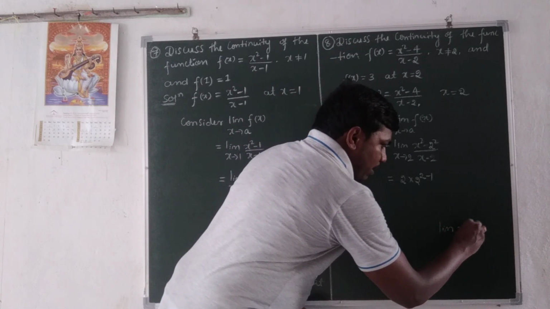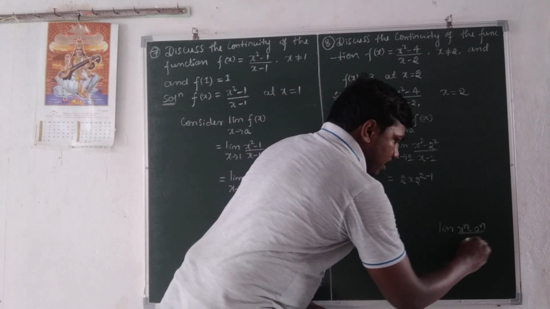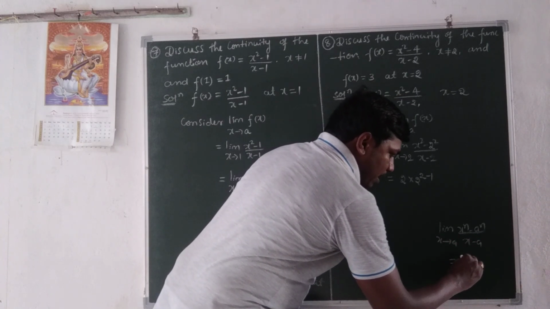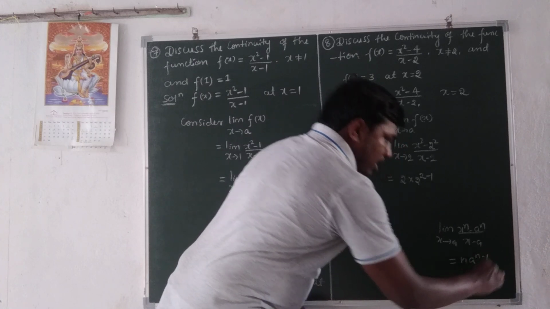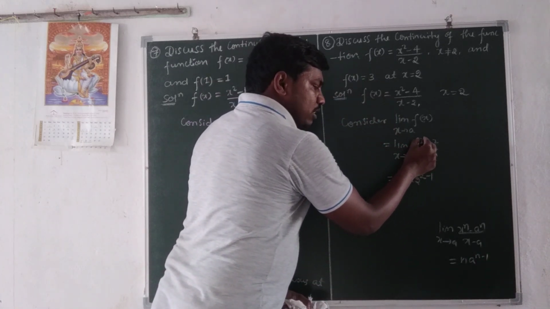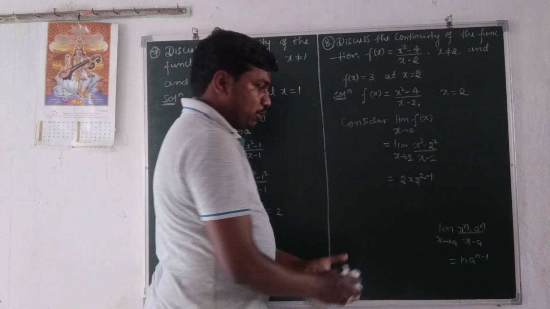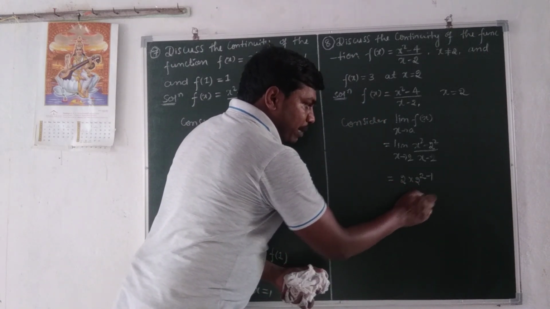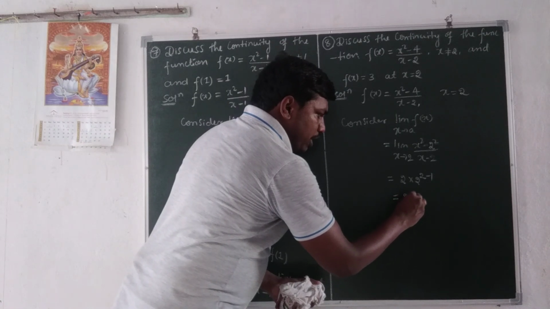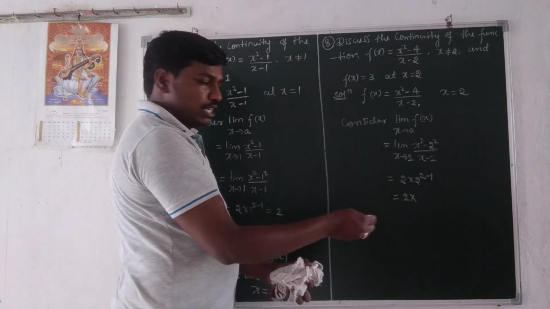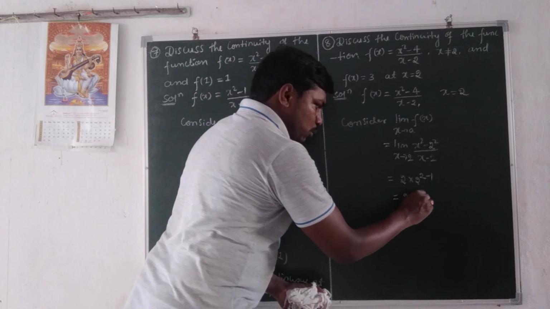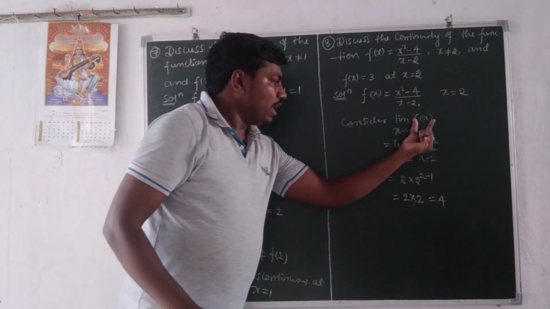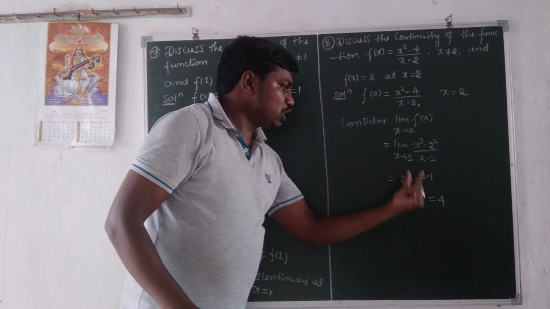Limit x power n minus a power n divided by x minus a as x tends to a. The formula is n into a power n minus 1. Here n is 2, a is also 2. So 2 into 2 power 2 minus 1 is 2 power 1, which is 2, is equal to 4. The limit of f of x as x tends to a is 4.